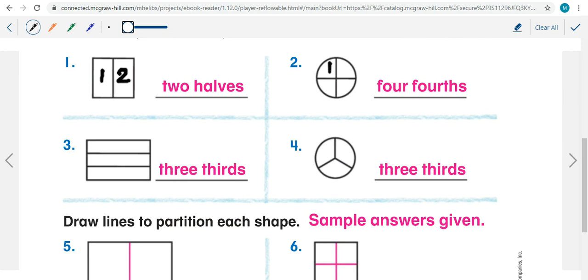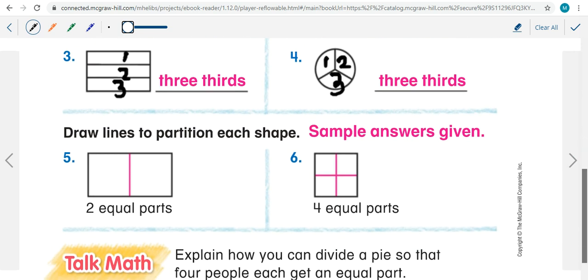Number 2 has 1, 2, 3, 4, so the answer is 4/4. Number 3, the shape has 1, 2, 3 parts. That's why it's 3/3. Number 4, the shape has 3 parts. 1, 2, 3 parts, so you write 3/3.